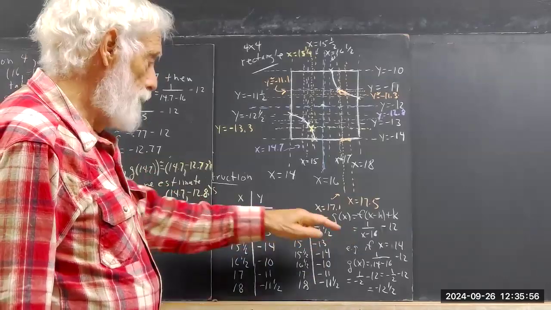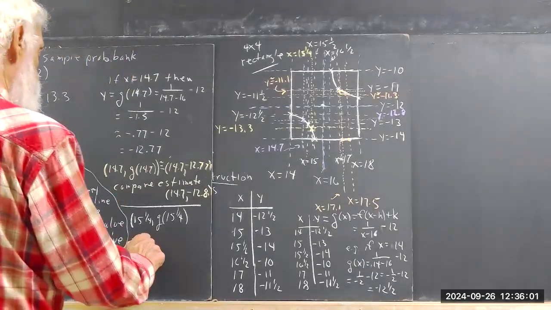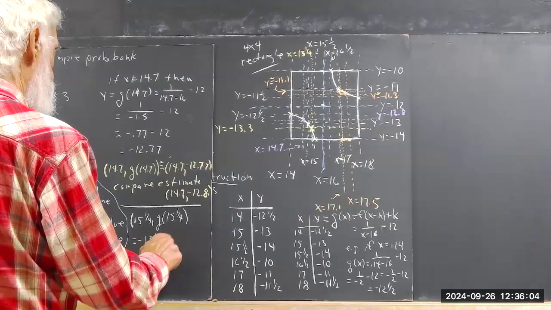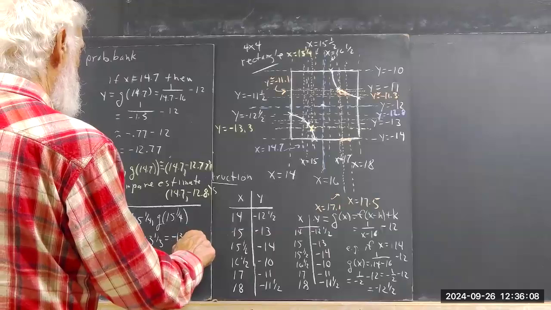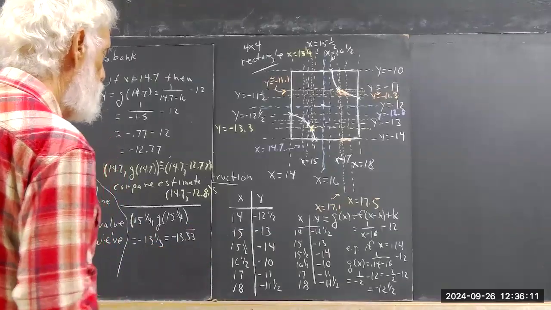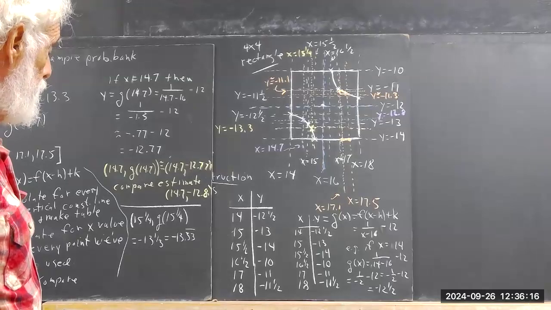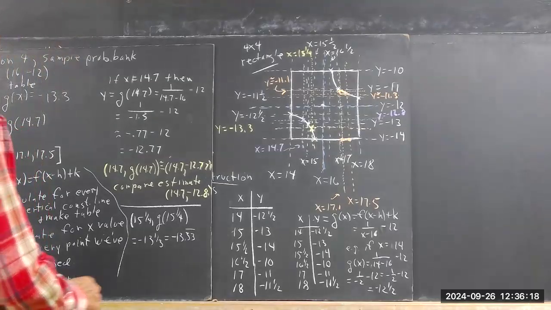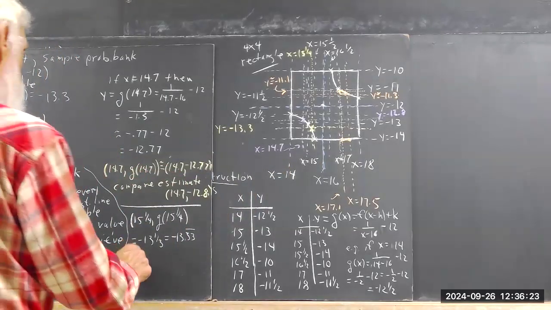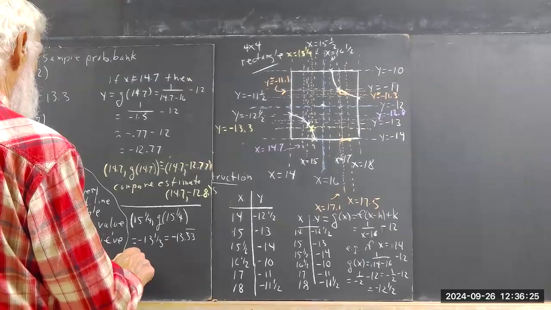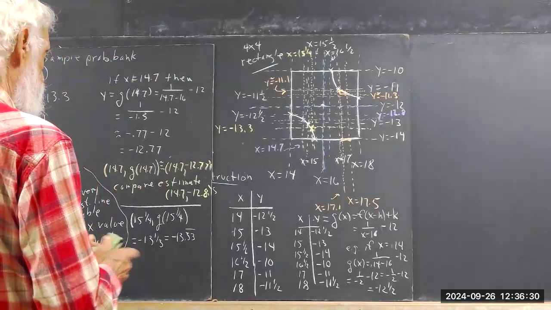And it's -4/3. So we're going to get -13 1/3. -13.3 repeating. Okay. That's pretty darn close. Now I wrote out the calculation.